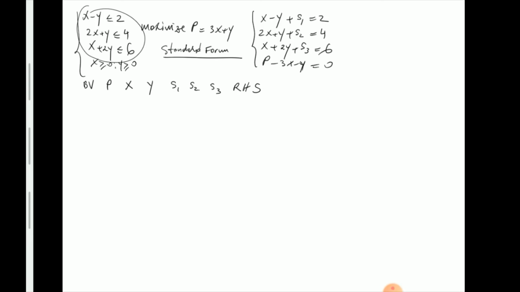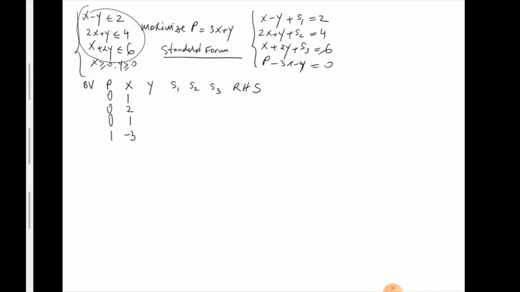So let's write by columns the coefficients. The column of P is always all zeros except the last one, right? Because there's no P in the first three equations, and there's just P on the last one. So it's 0, 0, 0, 1. Coefficients of X: 1, 2, 1, and minus 3.